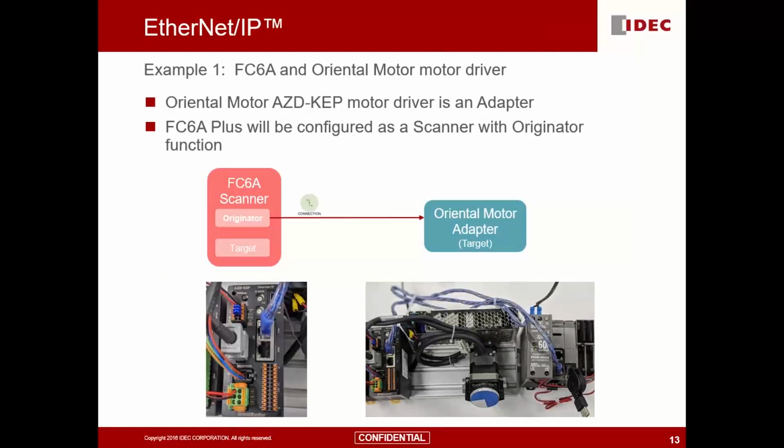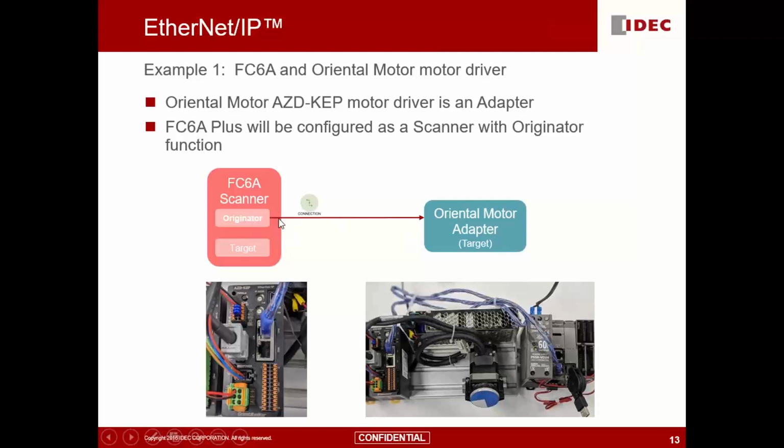Okay, so this is where I'm going to go into the actual demonstration or example of how to configure and how this works. This example number 1 is how to configure an FC6A Plus talking to Oriental Motor drivers. So the Plus will be configured as a scanner with originator function, and we'll make a connection to the Oriental Motor, which is an adapter device.